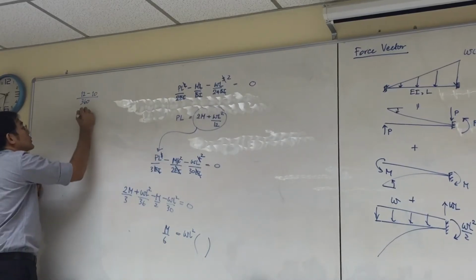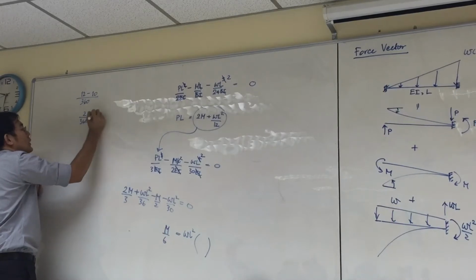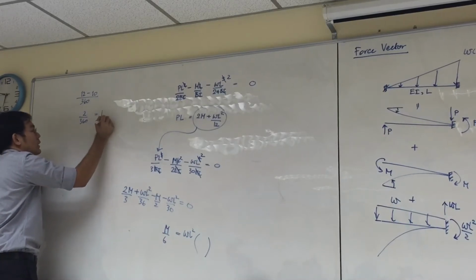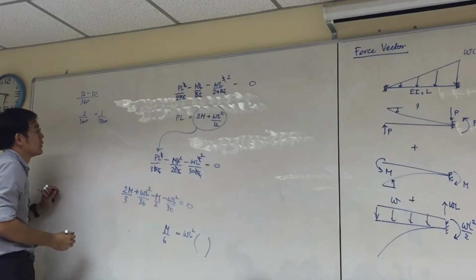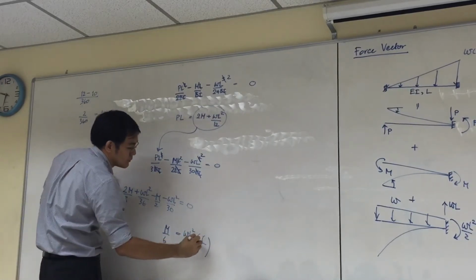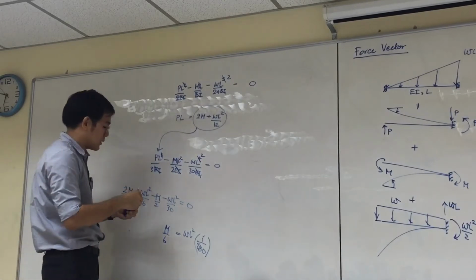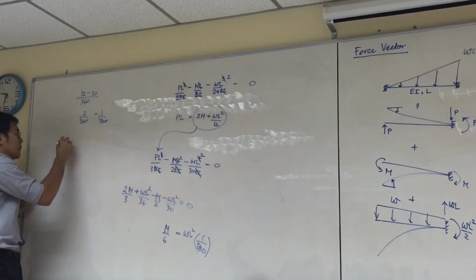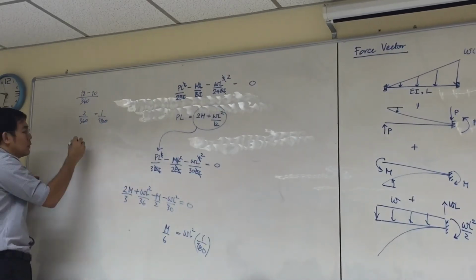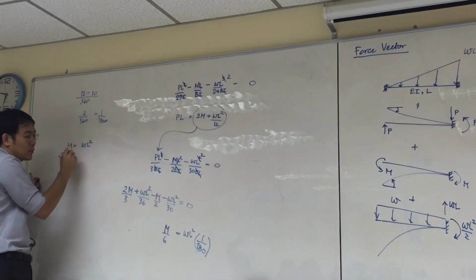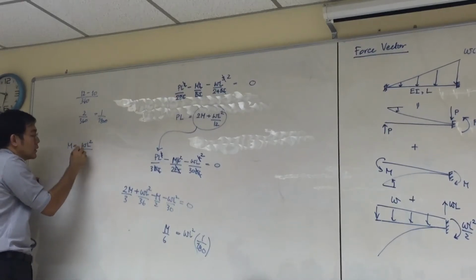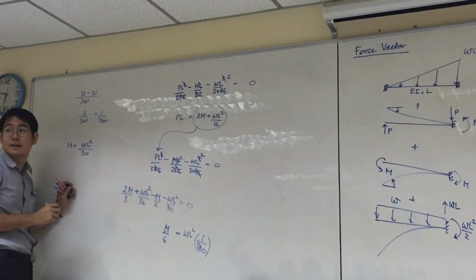Okay, 2 over 360 equals 1 over 180. So that makes your M equal to WL square over 30.